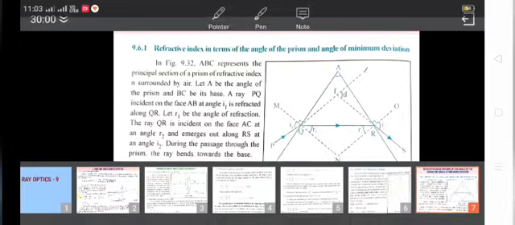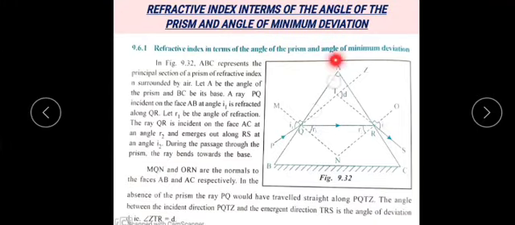ABC represents the principal section of a prism. It is one section of the prism, whose refractive index is taken as n, and which is surrounded by the air medium.